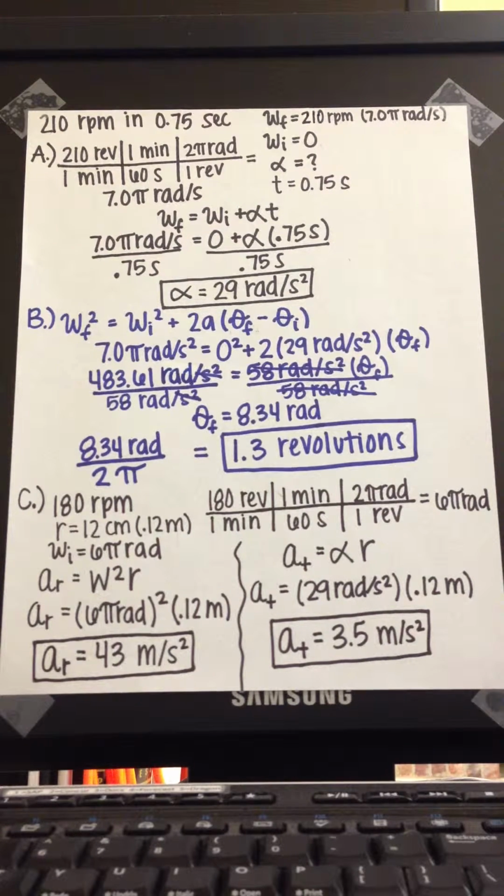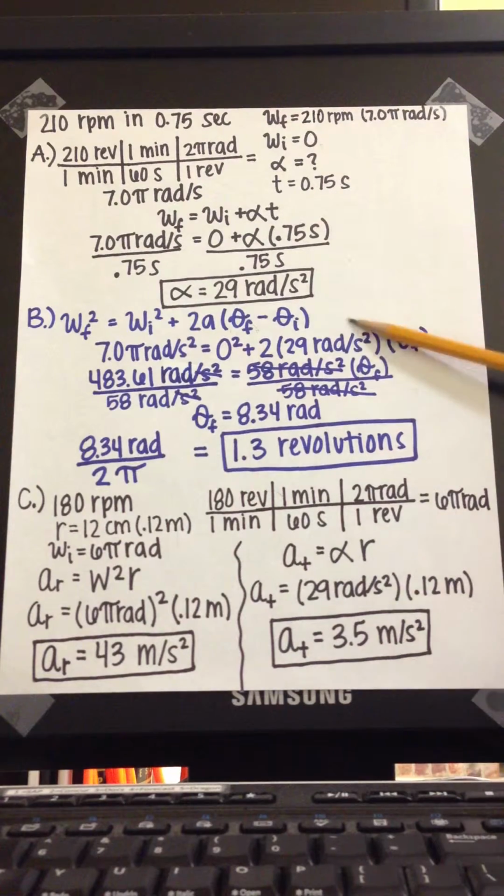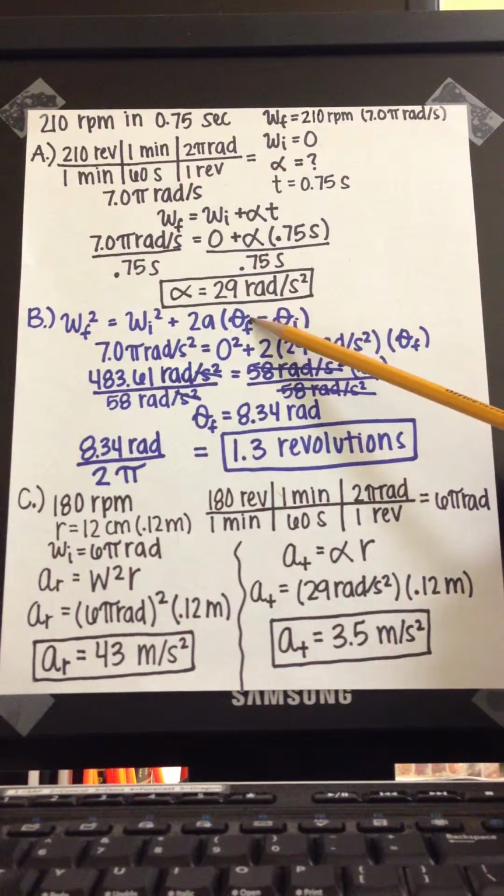Part B, they asked how many revolutions the wheel made. In order to find that, you have to use this formula because you don't know what final theta is, so you solve for final theta.